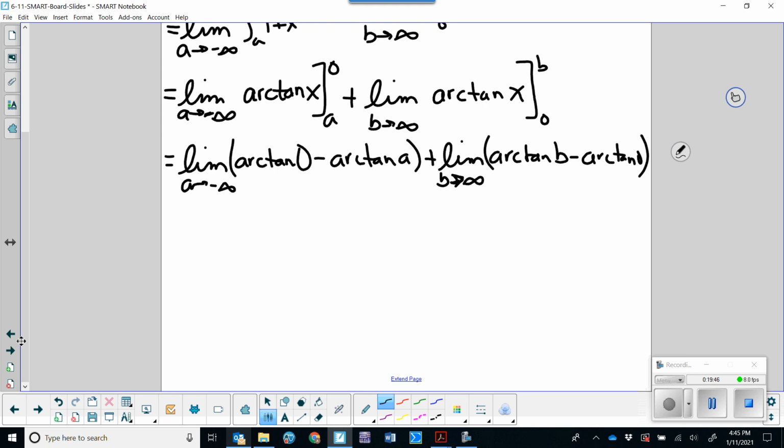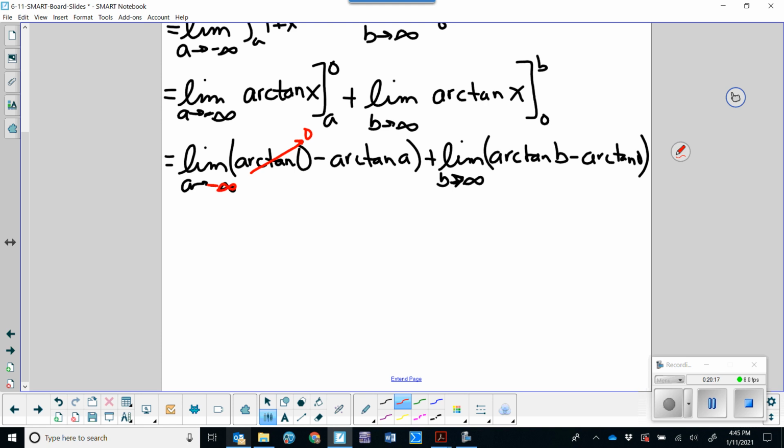Now I have to figure out, okay, so what's going on here? Well, arctangent of 0. The question is, when does tangent equal 0? Well, tangent equals 0 at 0. So sometimes we'll just write that thing goes to 0, okay? And then we'll do the same thing when we're looking at the limit. What does the limit do? So arctangent of a, and a is going to minus infinity.